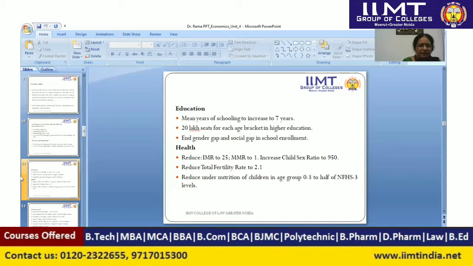Reduce IMR to 25, MMR to 1, increase child sex ratio to 950 and reduce total fertility rate equal to 2, and reduce undernutrition of children in age group 0 to 3 to half of NFHS 3 level.